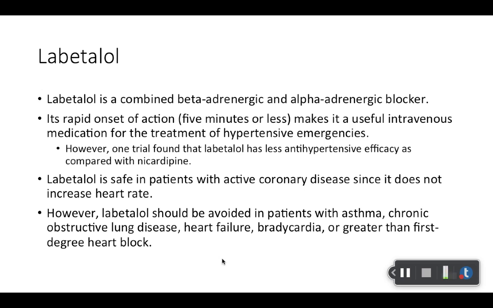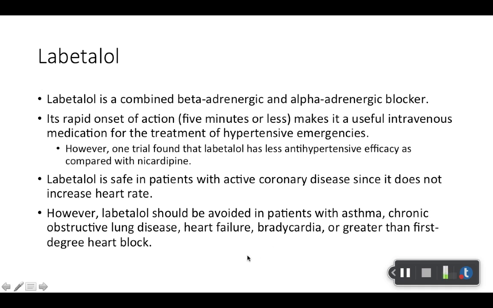You're going to read through this and see what its uses are. It can be used for most hypertensive emergencies. It can be used in pregnancy safely, and it's also used in postoperative hypertension. This one should be avoided if a person has uncompensated heart failure, because it can exacerbate that and make that worse.